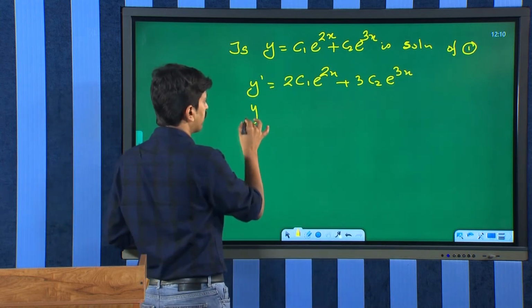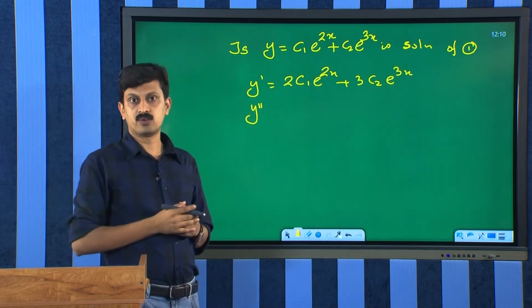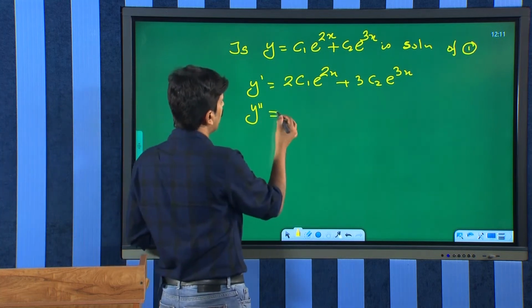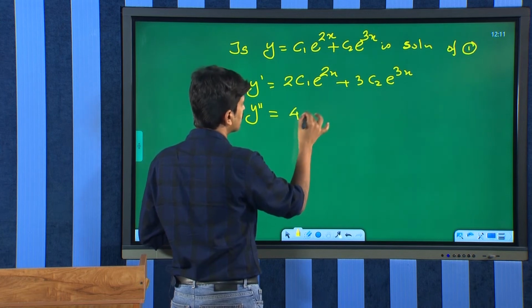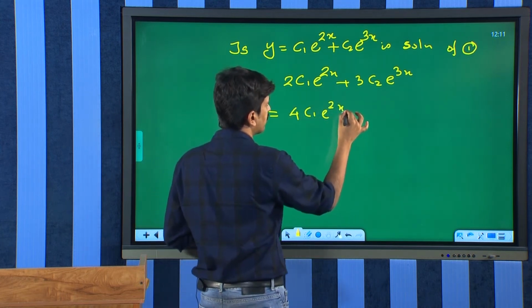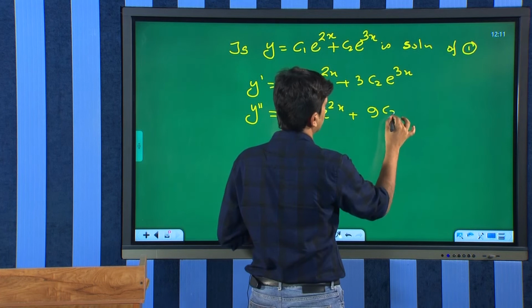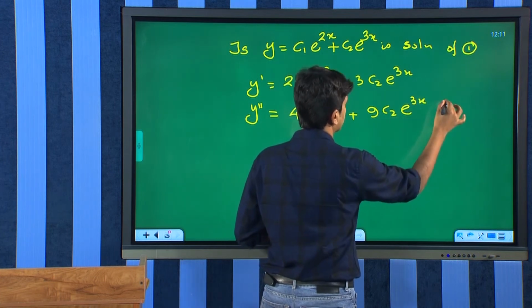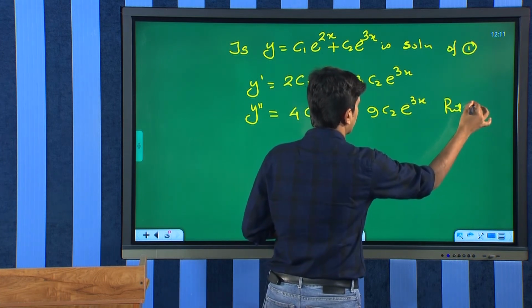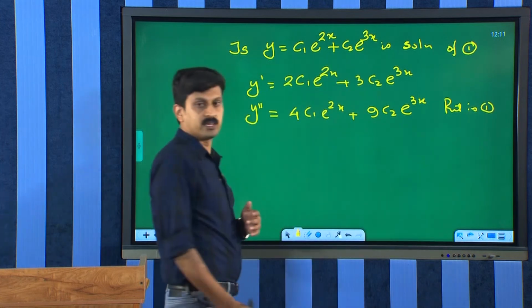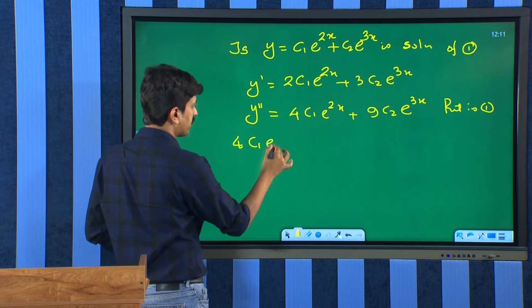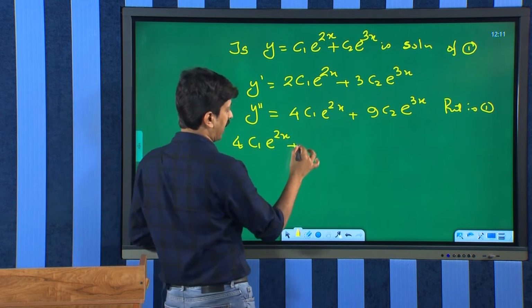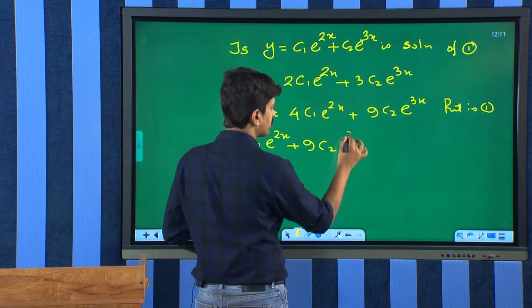What about y double dash? This is equal to 2 into 2, 4 C1 e raised to 2x plus 9 C2 e raised to 3x. Put in 1. So, we will have y double dash, that is 4 C1 e raised to 2x plus 9 C2 e raised to 3x.